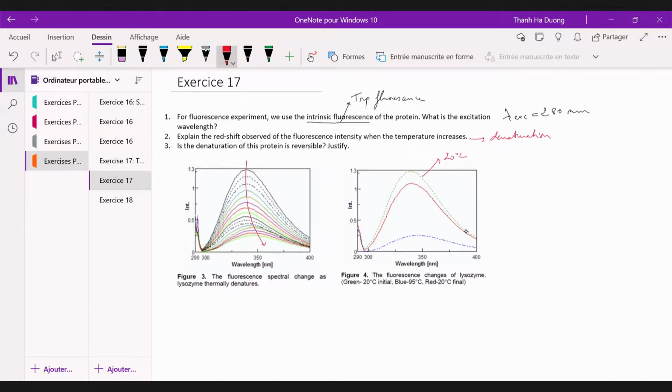And when we cool this solution again to 20 degrees, we obtain the red curve. That means it's quite reversible, but not totally, because if it was totally reversible, the red and the green curves should be superposed. So it is not totally reversible.